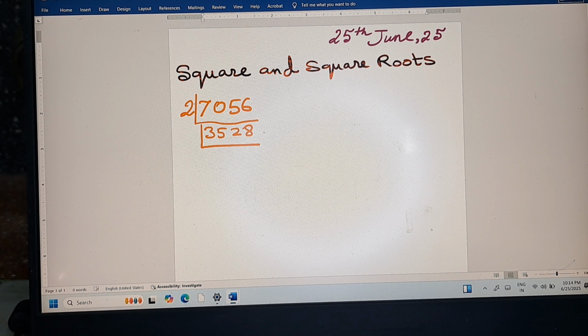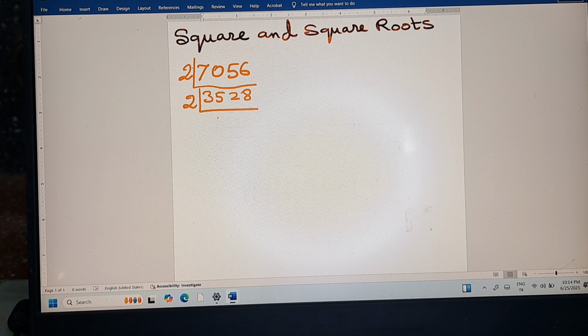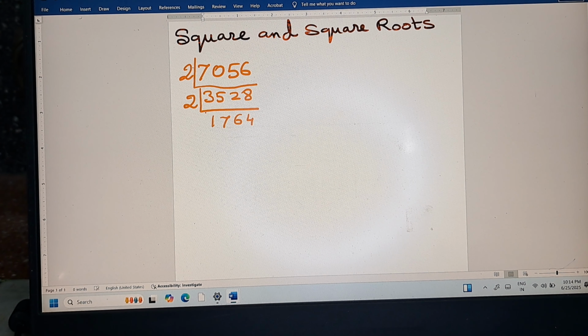It's just a simple short division we are doing. Next, half of 3528 will be 1764. Then step 3, again by 2, it will be 882.